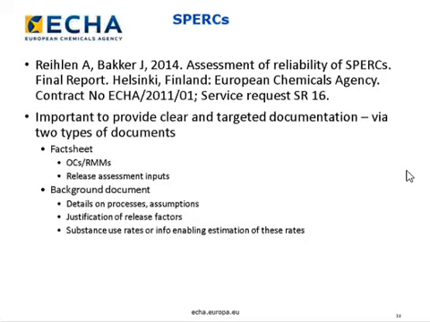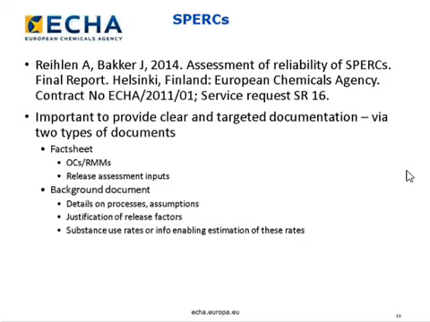In principle, there are two types of documents that should be available for those SPERCs. There are fact sheets, which would bring just a summary of the key information necessary for producing a chemical safety assessment and reporting those assessments in the chemical safety report, and also for developing extended exposure scenarios which need to be attached to the safety data sheet.